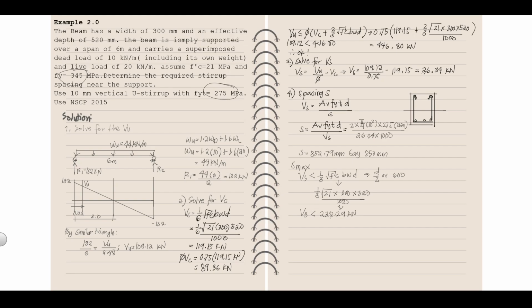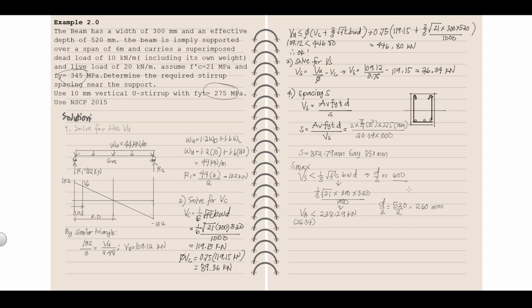Which is obviously, ang VS natin, which is 26.34, is less than this value. So, we're going to use D over 2 or 600. So, paki-compute mo na to. That is 520 divided by 2. That is 260 mm. Then, the other one is 600. Constant na 600.